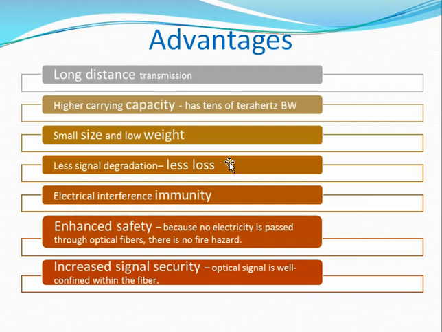The cabling system employed in fiber optic ensures electrical interference immunity. With no electricity passing through the optical fibers, we can say that optical fibers have enhanced safety. This also increases signal security. That's why we can easily decipher back all the signals at the receiver end.